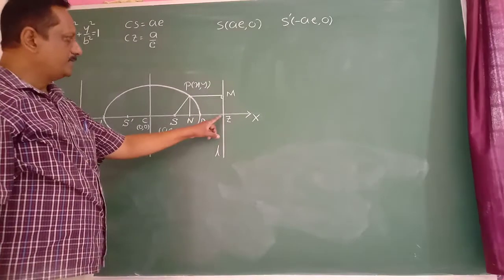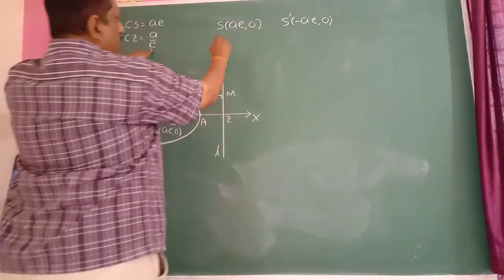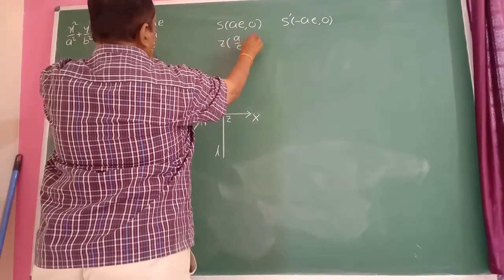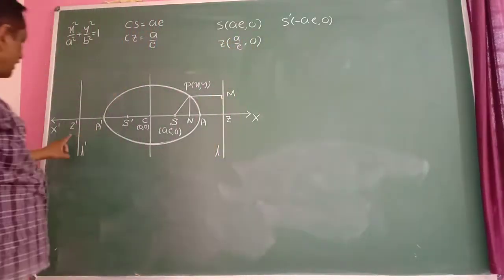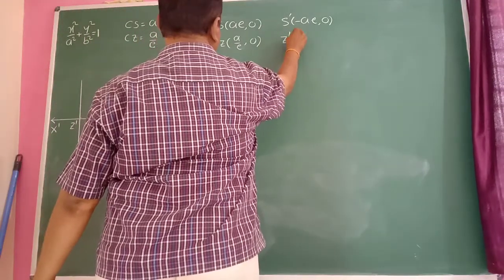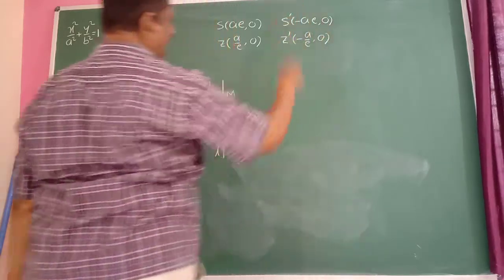Then for the coordinate of Z, this distance is a upon e, already proved here. Hence the coordinate of Z becomes a upon e comma 0, and the coordinate of Z dash is minus a upon e comma 0.